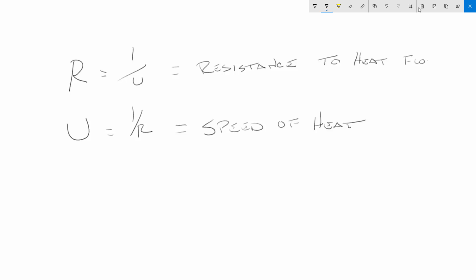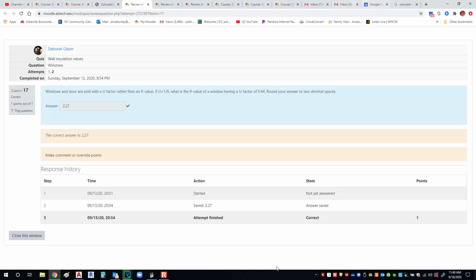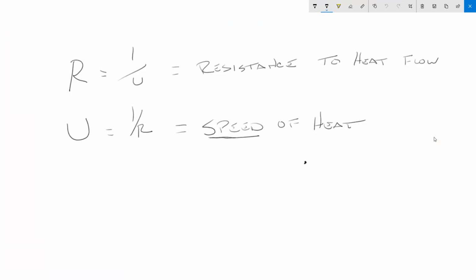Okay, so the resistance to heat flow. So U is how fast it's going, the speed of it. And it's usually really, really low, such as what was that, 0.44? 0.44, yes it was. So the speed is 0.44.